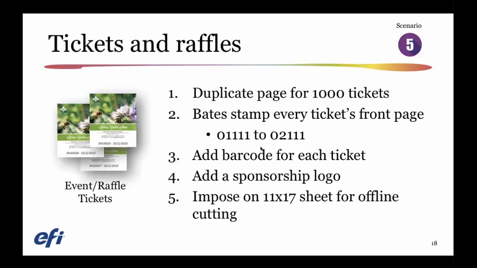So in this scenario, we will duplicate this one design into 1,000 tickets. We'll put in the base stamping for every ticket, and then also add a barcode. Then we add a logo as well. And finally, using Impose to finish up the job as a finished printout.